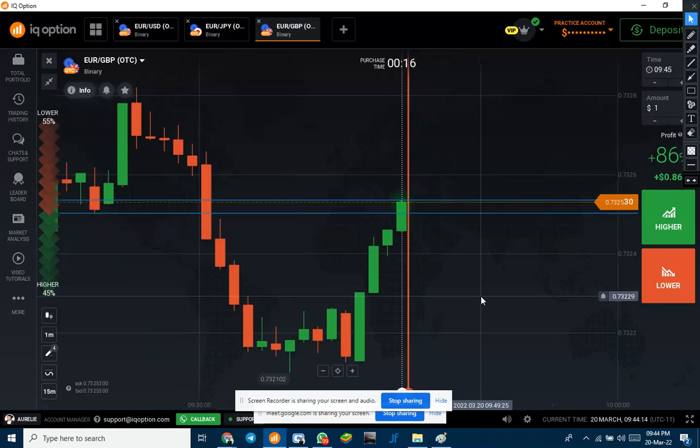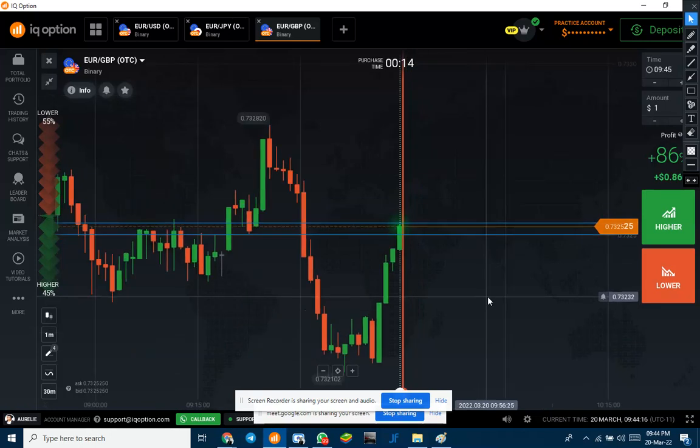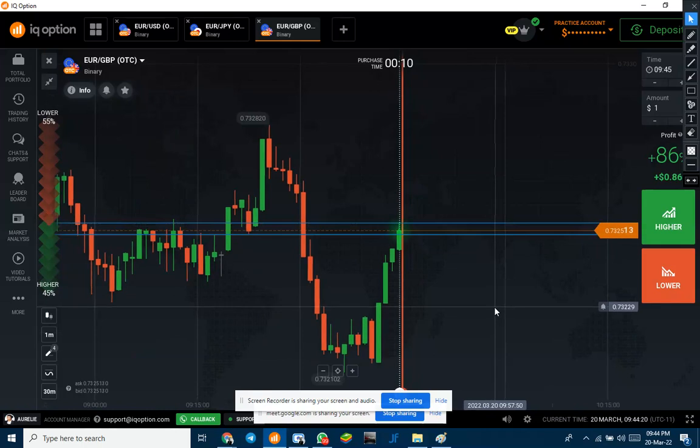Now the buyers are approaching the level. Finally, they reach the zone. What we expect now is a weak candle or exhausted candle.